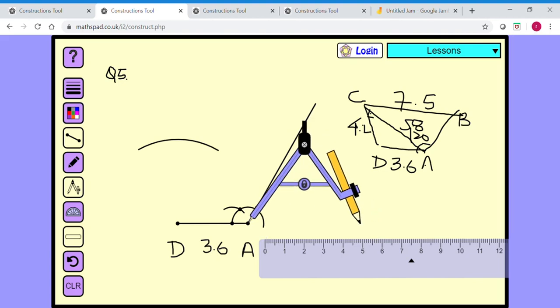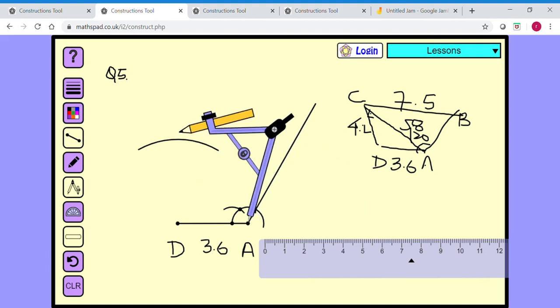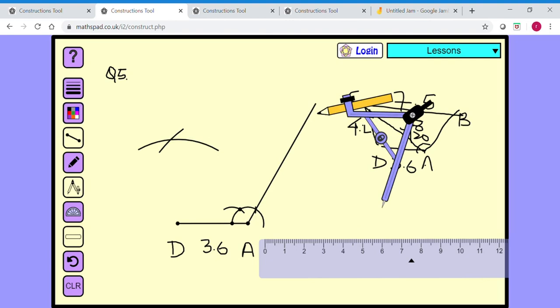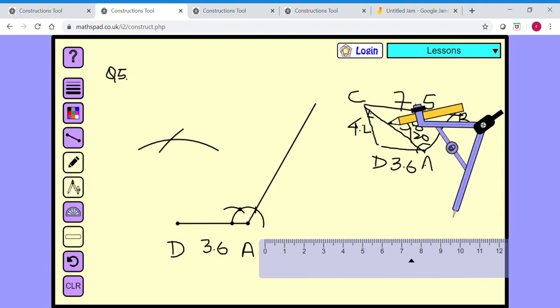I keep it at A and I try and cut the first arc at a point. So this point, which is my point C, is at a distance of 5.8 from A and 4.2 from D. So let me join this point C with D.